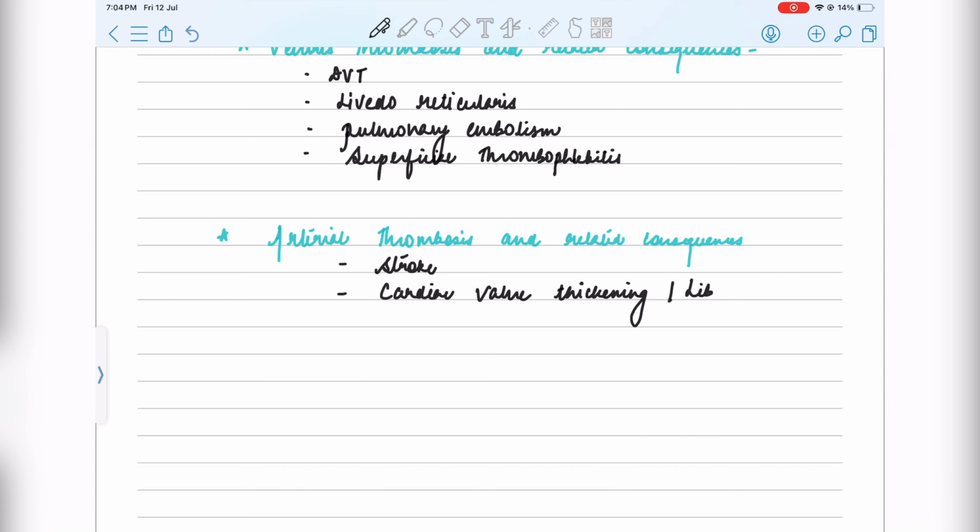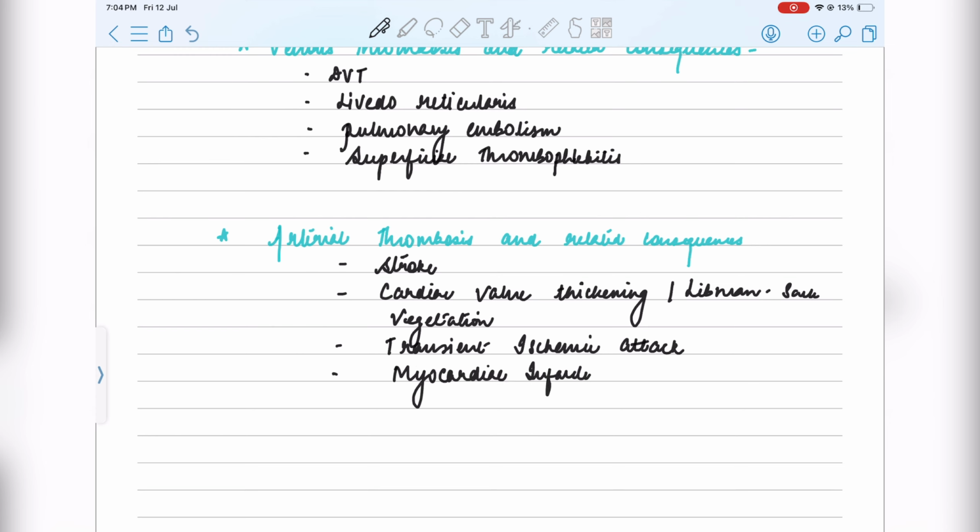Now we'll be looking at the arterial thrombosis और उसके consequences क्या है. Patient may have stroke, cardiac wall thickening, Libman-Sacks vegetations. There could be transient ischemic attack.